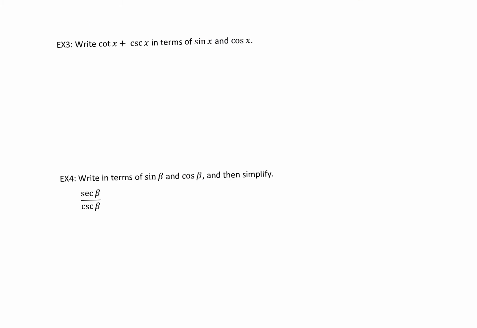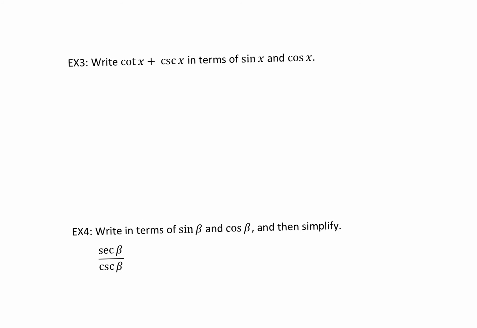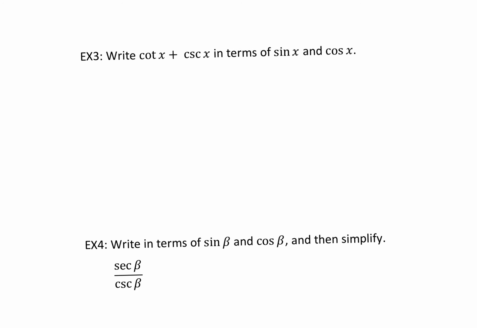Looking at more examples of manipulating these trig functions, in example 3 it says write cotangent of x plus cosecant of x in terms of sine and cosine. So that's a common technique we have. Sometimes when our trig expressions look very complicated, we will change everything to sines and cosines because that's more familiar to us.